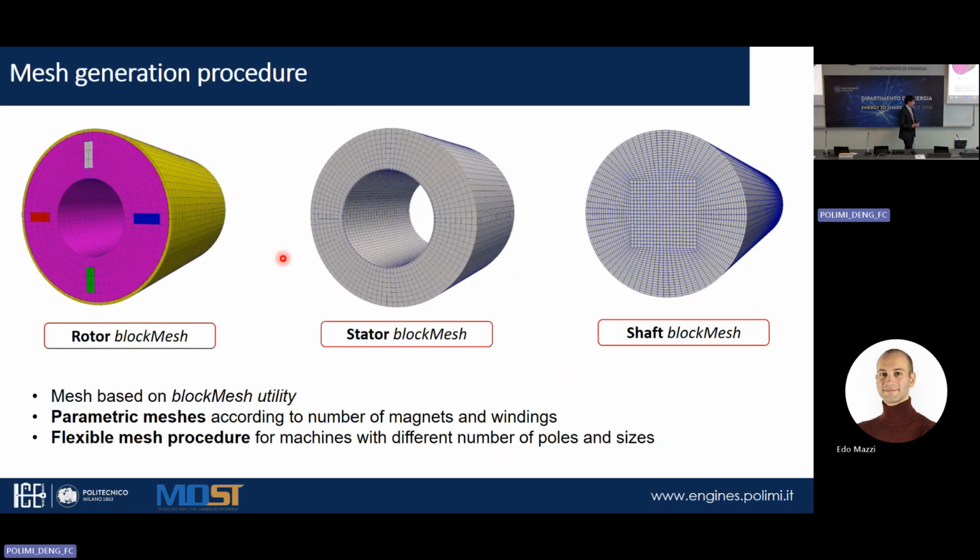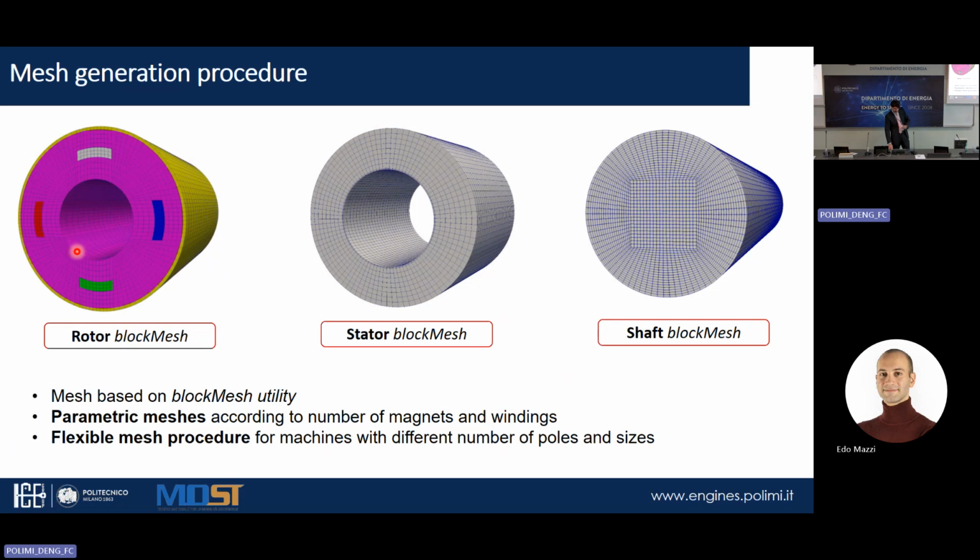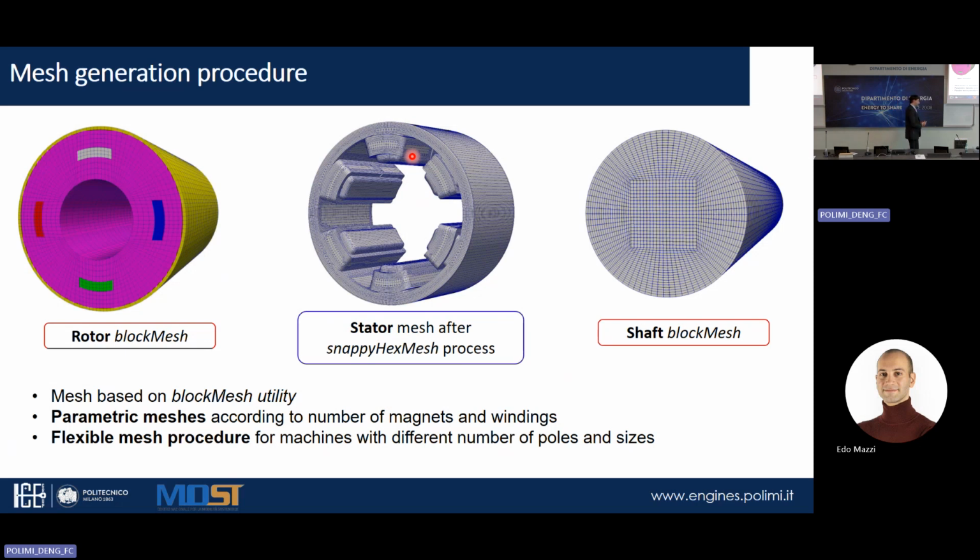We have generalized the process of making the mesh, in which we have a parameterized block mesh that produces a background mesh for the rotor. So we have an application that produces this mesh, and then it is parameterized, so it can be this way or this other way, or with a different number of permanent magnets. And then for the stator mesh, we started with a structural block mesh that has been shaped to the real geometry by the use of snappyHexMesh.